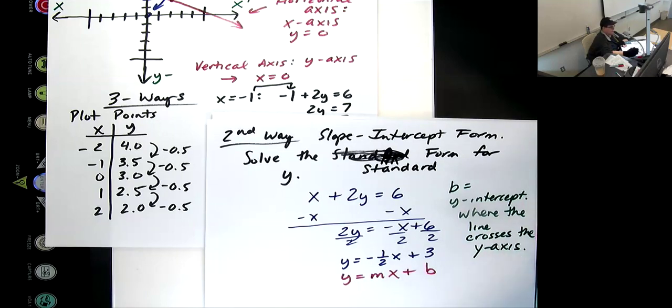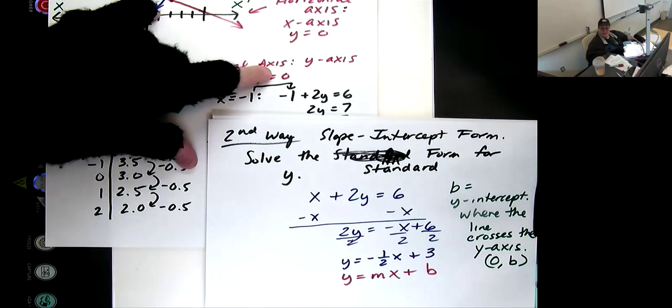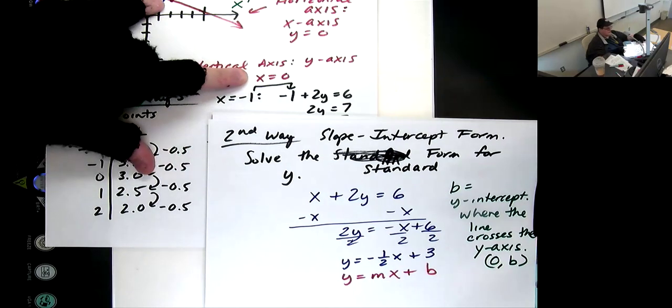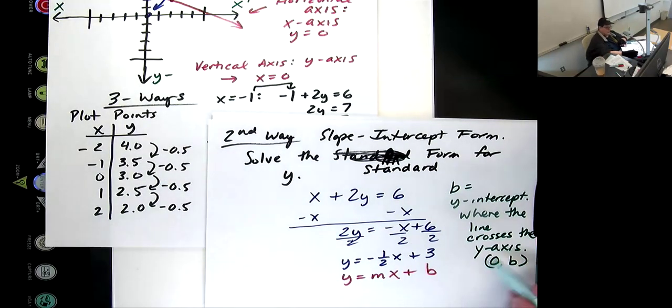It's a point, 0, b. Remember, everything on the y-axis has an x value of 0. So the y-intercept, usually abbreviated int, is 0, b, which means here it's 0, 3.